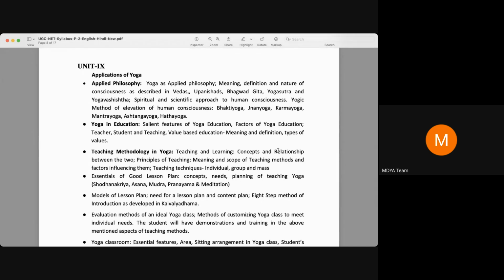And you will get a few questions, maybe 3 to 4 questions, maybe 5 or more than that, because this paper 2 includes 100 questions, and out of 100 there are 10 units.